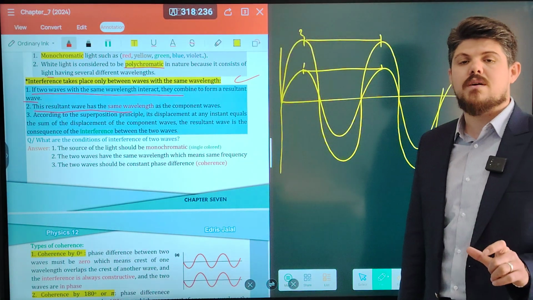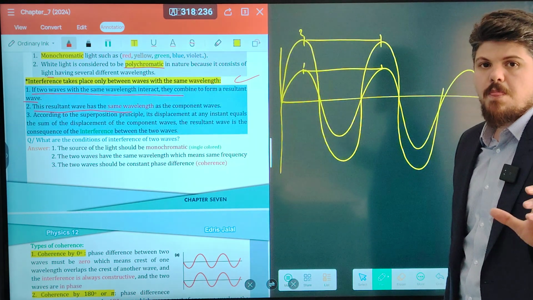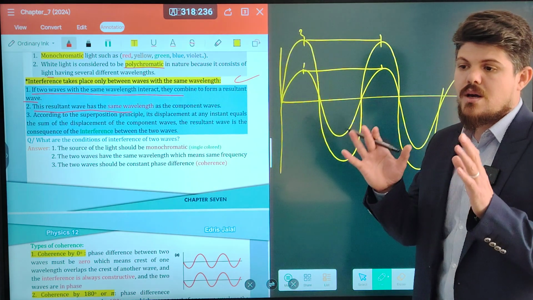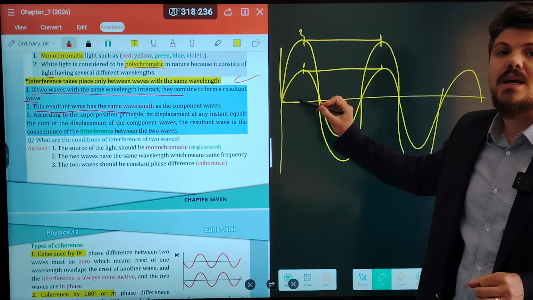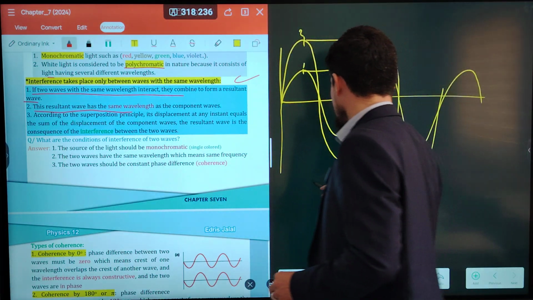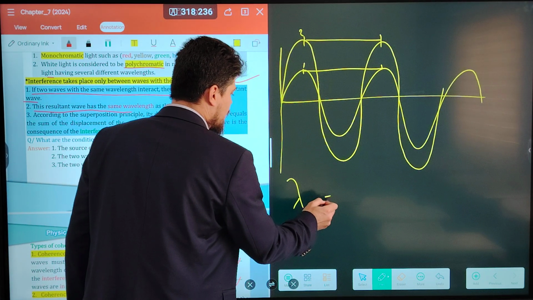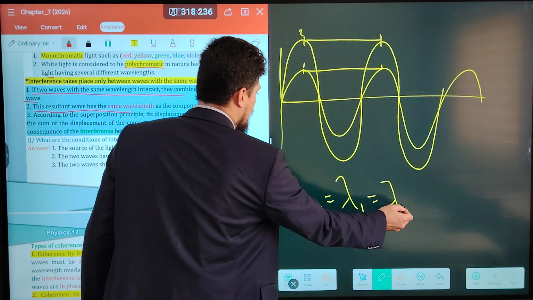If two light waves have the same wavelength, can they interfere with each other? Yes, absolutely, because one of the conditions of interference of two light waves is that they must have the same wavelength. So what will be the resultant wave in this case? Lambda of the resultant is equal to lambda 1, which is equal to lambda 2.